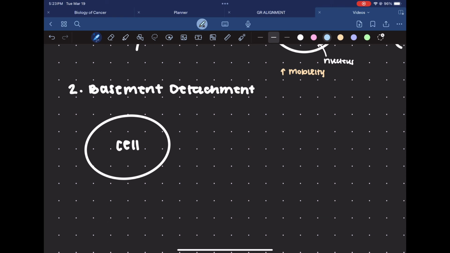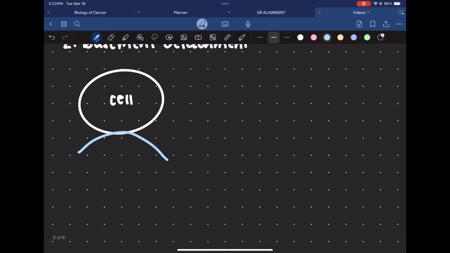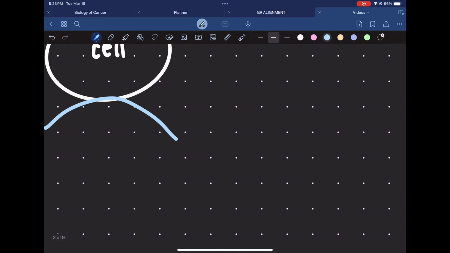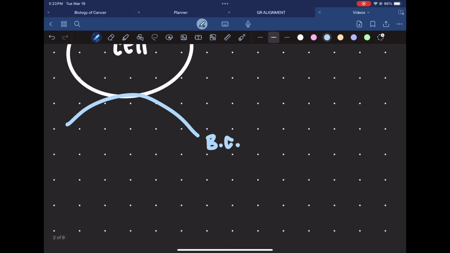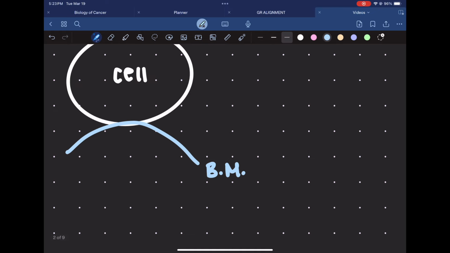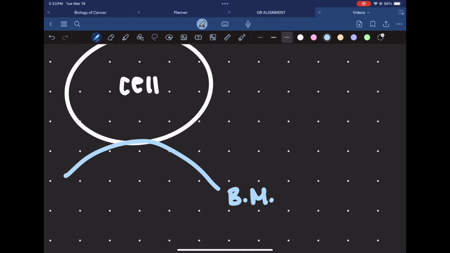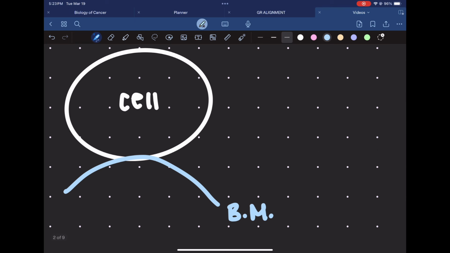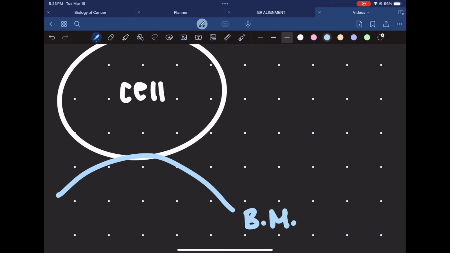Let me draw out my cell, and then I have my basement membrane. Basement membrane, BM. There we go. Okay. So I have my cell and my basement membrane. The basement membrane is really just referring to the layers surrounding the cell.